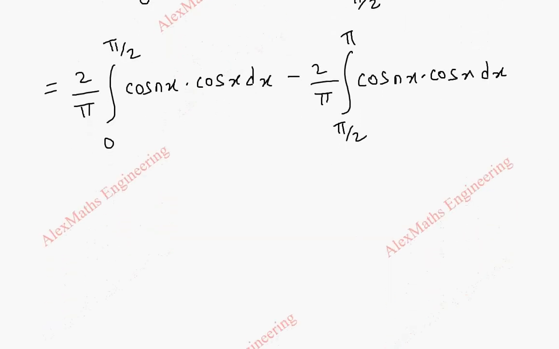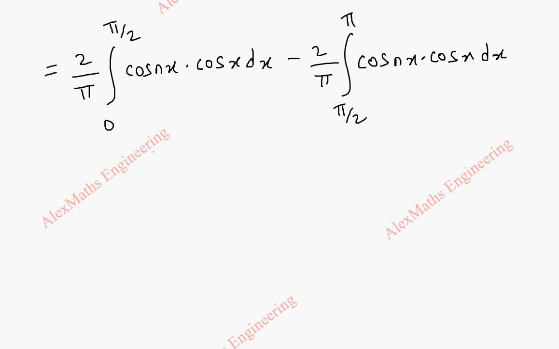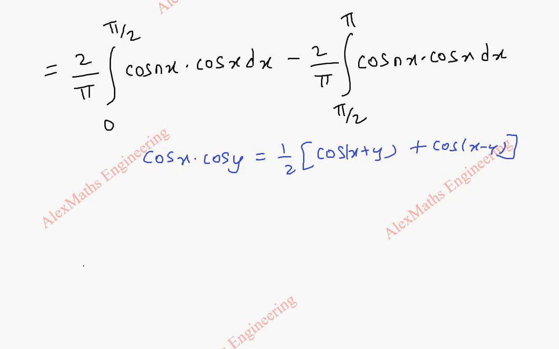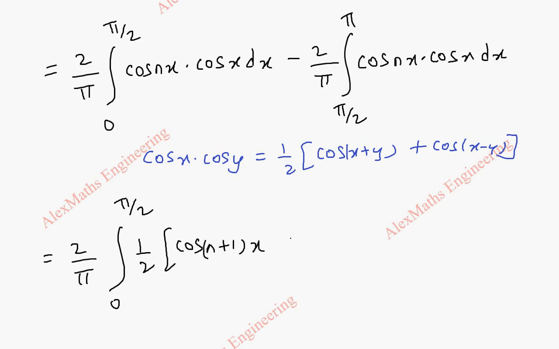Now we are going to apply the formula. Whenever we have cos x into cos y, it is half of cos of x plus y plus cos of x minus y. So this is 2 by pi integral 0 to pi by 2 half cos of n plus 1 x, we have to add both the angles, plus cos of n minus 1 x, we have to subtract both the angles, dx.